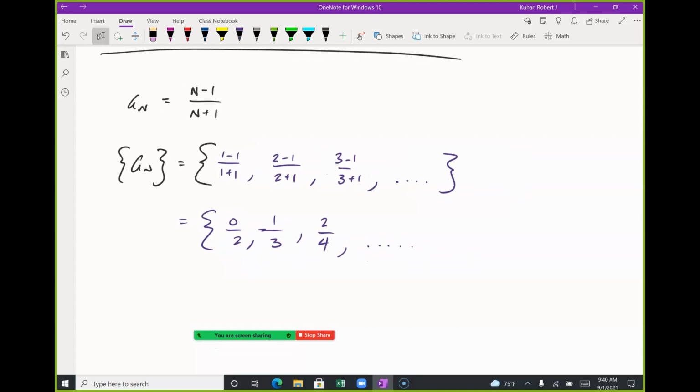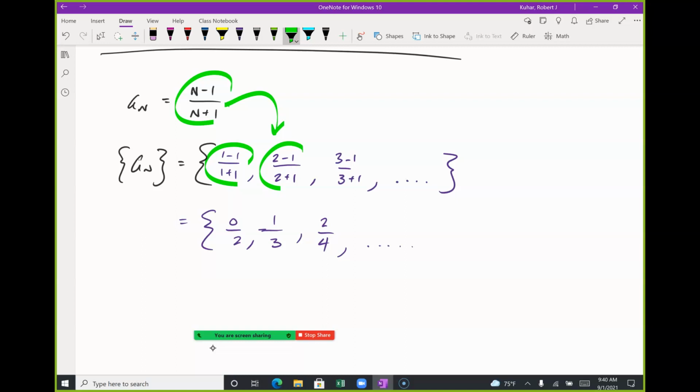And so I like to do baby steps. I don't like to do all of this stuff in my head and then write down 0, right? I'd like to write out each term, using this, right? So n is 2, I'm plugging in 2 minus 1 over 2 plus 1, and then I'll do the calculation later, right? Try and do a baby step when you're doing these things at first, okay?